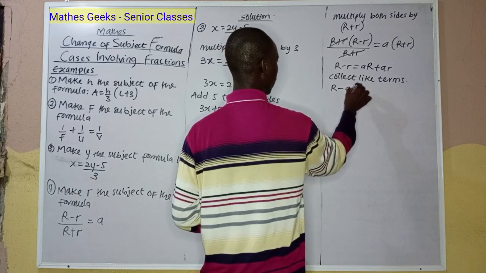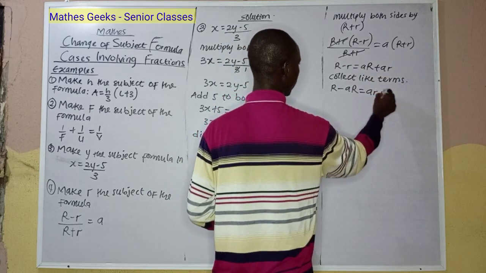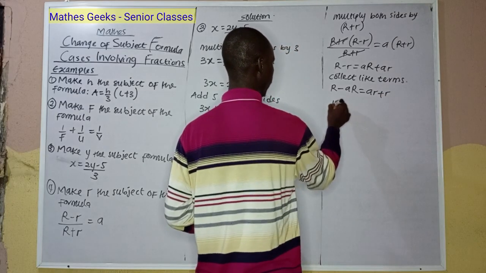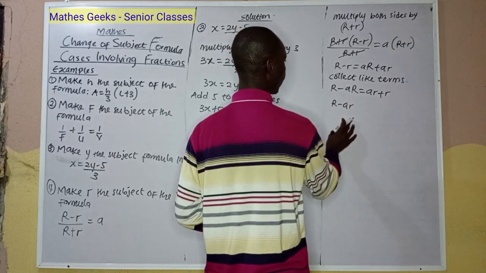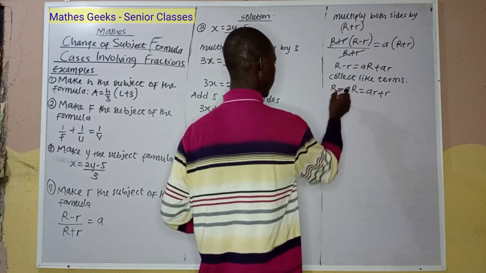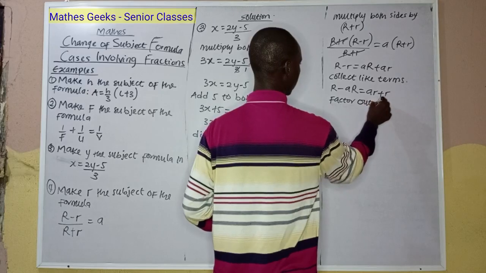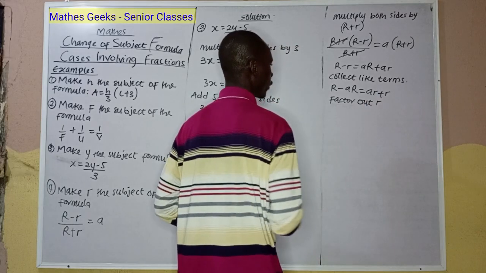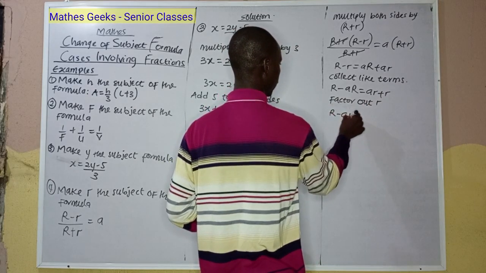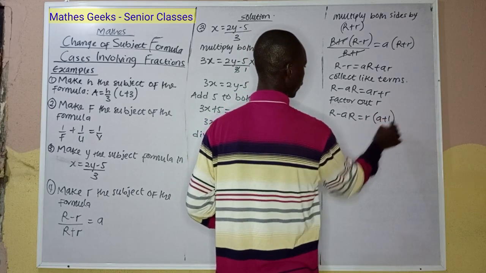Minus aR equals ar. This one crosses over to become positive. So R minus aR, we are going to factor out R, because we want to make it the subject. So R minus aR is equals to r times a plus 1.